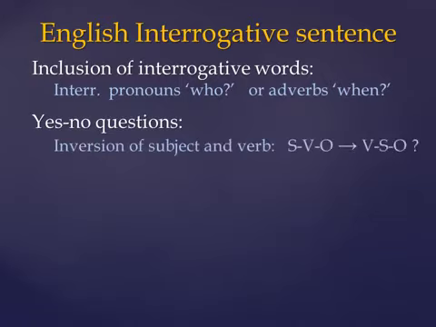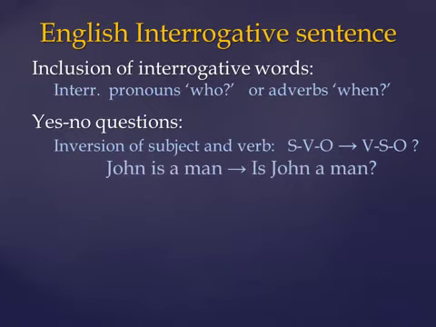One is simply by inverting the word order of the sentence. In English, the word order is usually subject, verb, object. But by moving the verb to the front of the sentence, we form a yes-no question. For instance, John is a man can be made into a question by placing the verb first, so, is John a man?